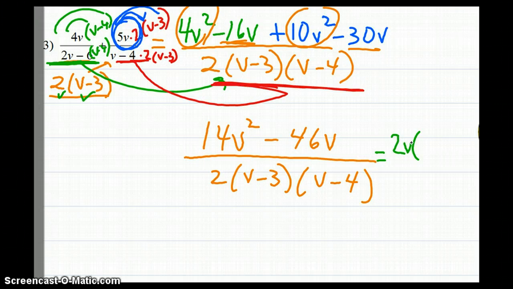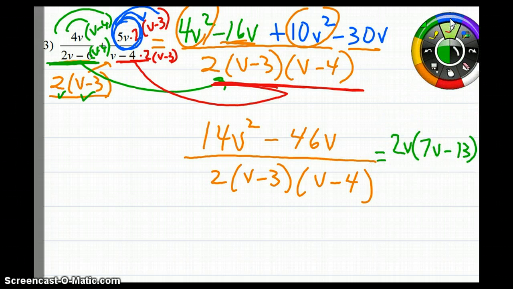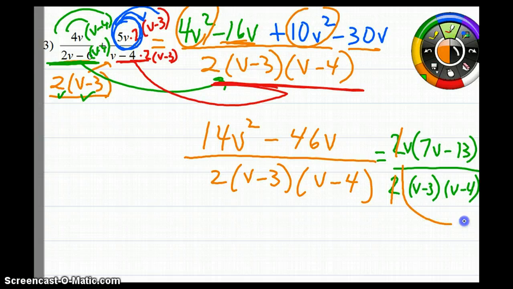So I'll factor that out, make this a 7v minus 13, all over the 2, v minus 3, and a v minus 4. And just like we did with multiplication and division, if we have like terms on the top and bottom, we can get rid of them. This will be your final answer.